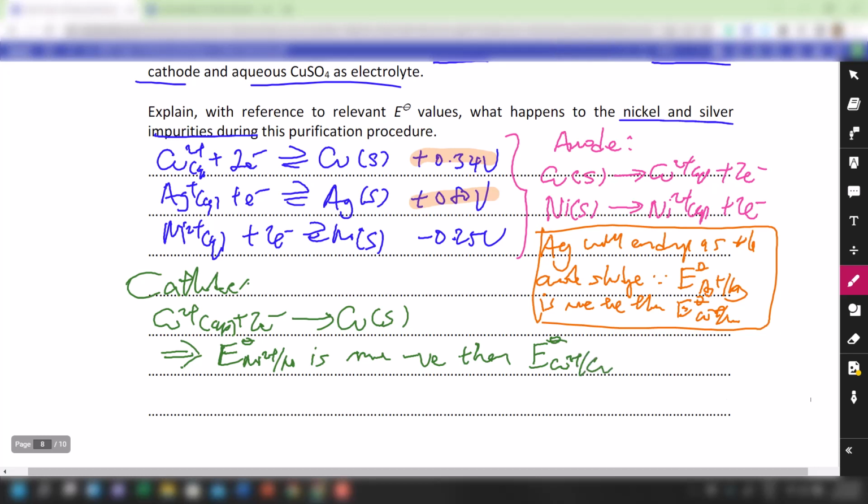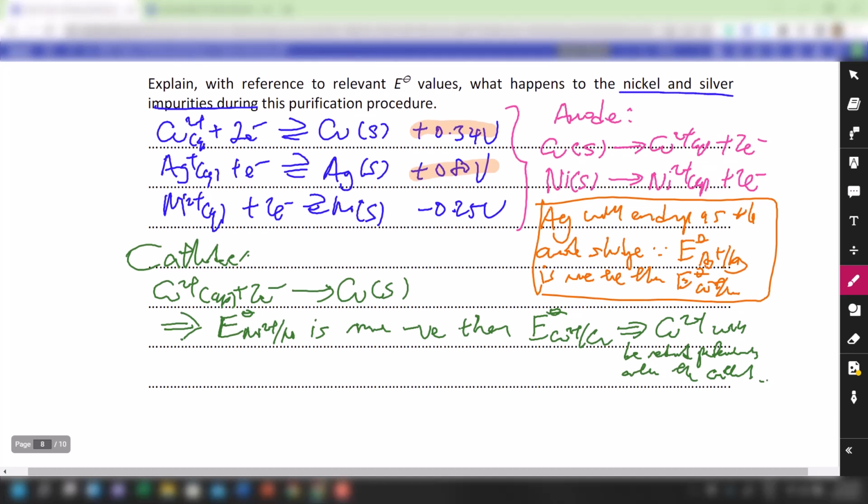So because of that, I expect copper 2 to be preferentially reduced at the cathodes. So that's how you should be drafting your answer, and then nickel 2 will remain in the solution. You can say nickel 2 will remain in the solution, and that's how you can end your discussion.